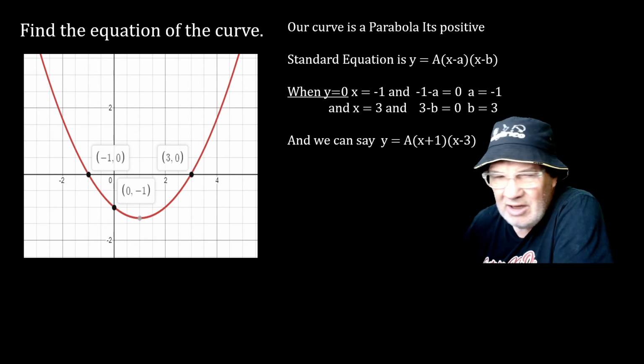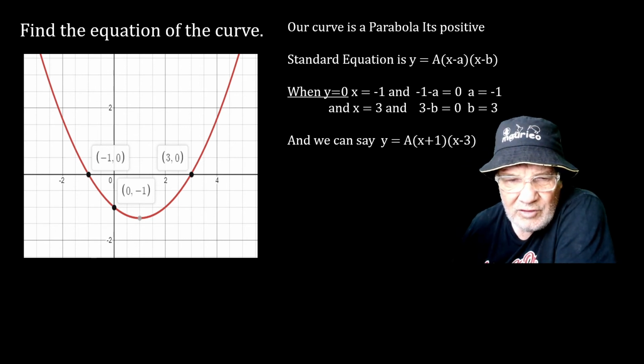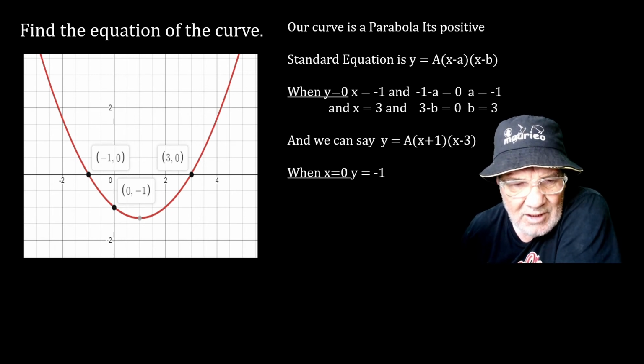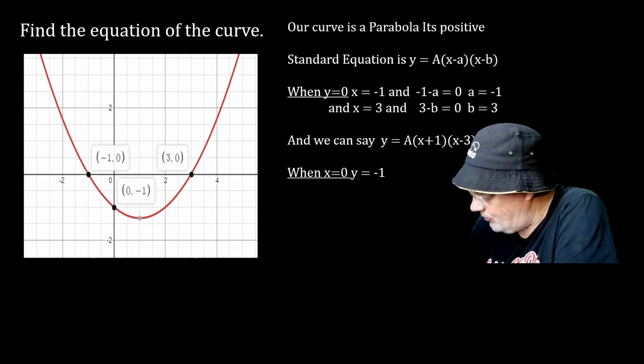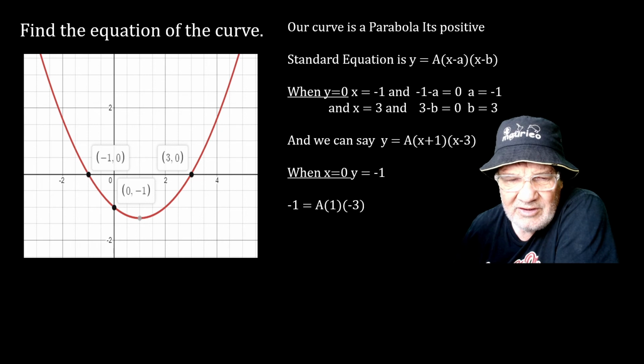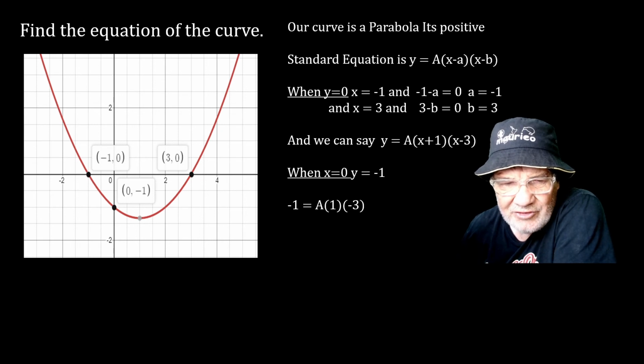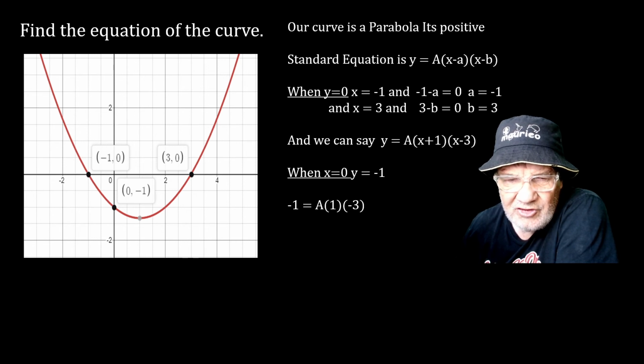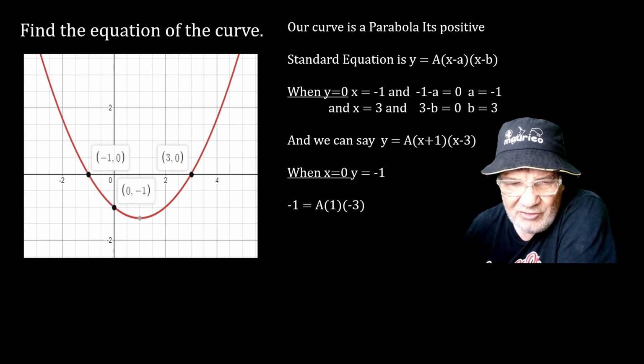So now we've used two bits of information there. We use the third bit of information, and we say, well, when x equals 0, y equals negative 1. So let's put that into the equation. Negative 1, therefore, equals A times 1, because x is 0, so 0 plus 1 is 1, and 0 minus 3 is negative 3.